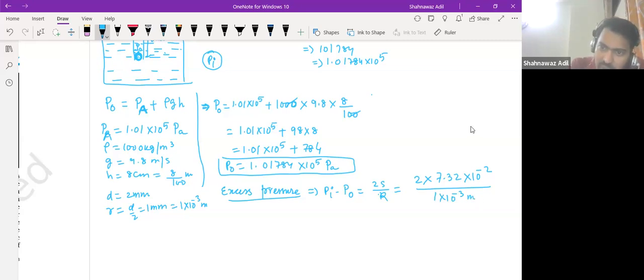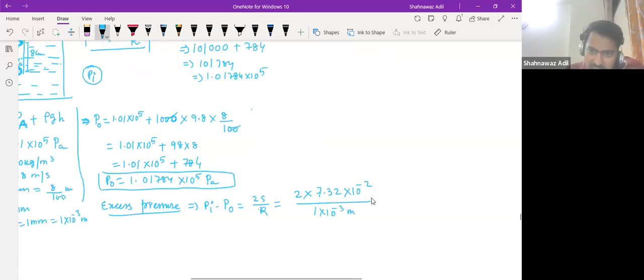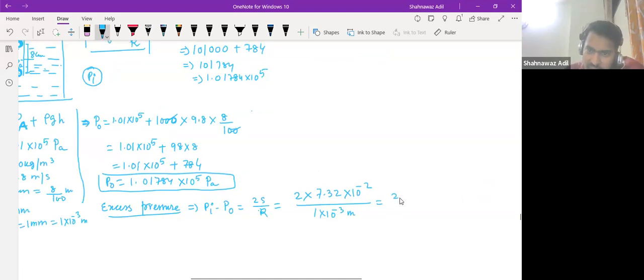So it will go upstairs, right? So this is 2 into 7.30 into 10 to the power minus 2 into 10 to the power 3. So this is how much? This is 14640.